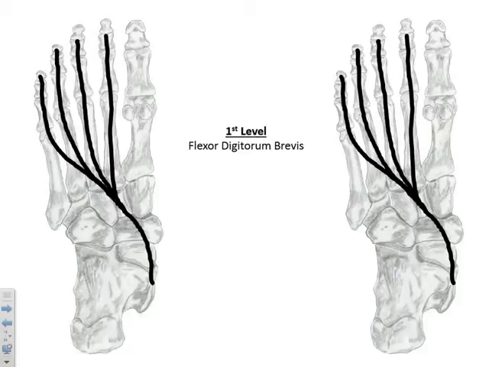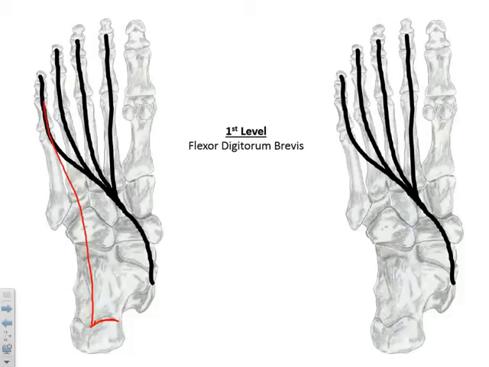This muscle comes off of the medial process of the calcaneal tuberosity. As well, it'll also have an attachment to the deep surface of the plantar aponeurosis. And the belly itself projects anteriorly to form 4 separate tendons, which go through digits 2 through 4.